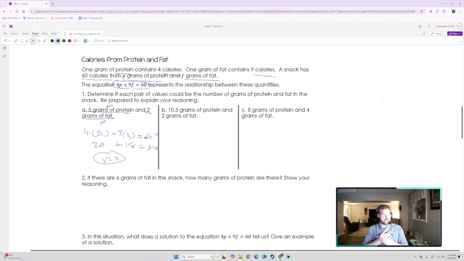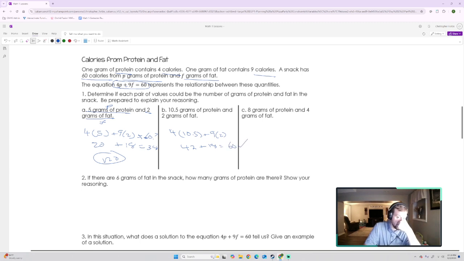Again, pause the video, try the other 2 on your own. Again, 10.5 grams of protein, so that's going to be 4 instead of P. I'm going to do 10.5 plus 9 instead of F. I'm going to say 2. All right, that's going to end up being, if you do it in your calculator, 42 plus 18, which is equal to 60. So that does work.